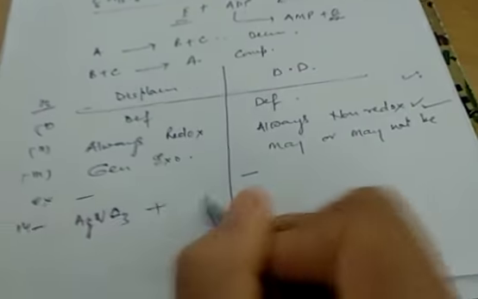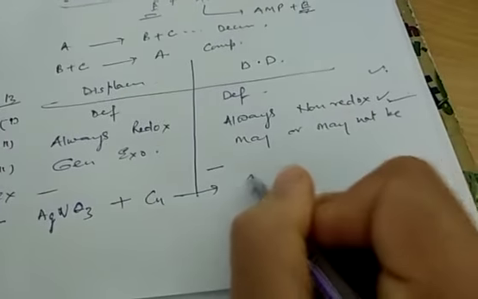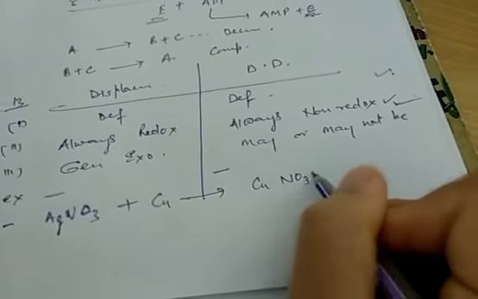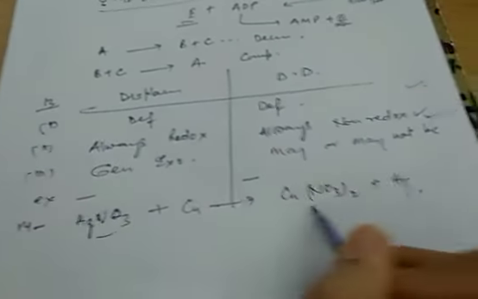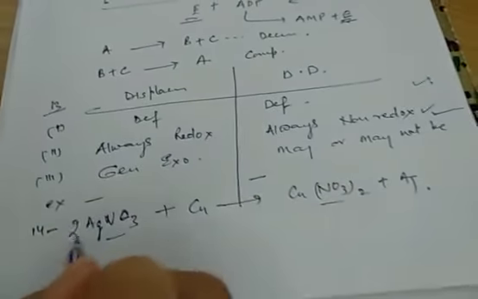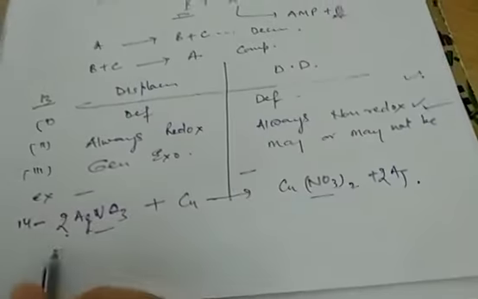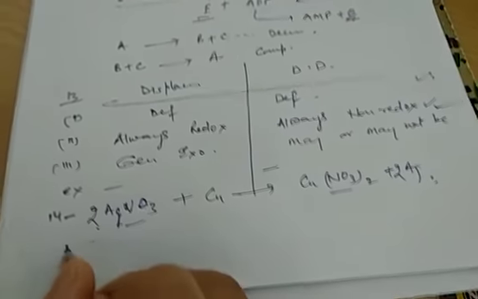AgNO3 plus copper changes into Cu(NO3)2 plus Ag. Balance the reaction: 2 NO3, so it should be 2 Ag, so it should be 2. Now the reaction is balanced.